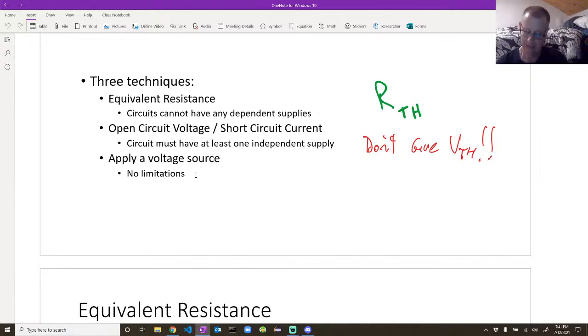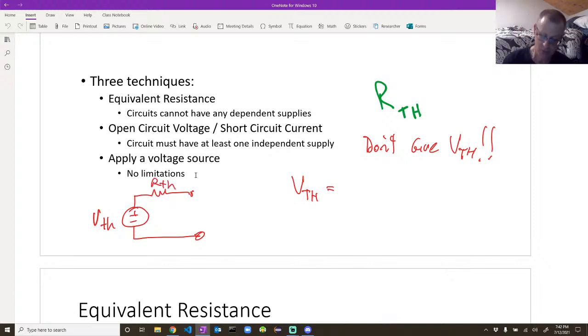Well, if you think about the circuit we've got when we're talking about a Thevenin equivalent, we've got VTH and RTH, and that's it. So if we measure the open circuit voltage, then that is nothing more than the Thevenin equivalent voltage.